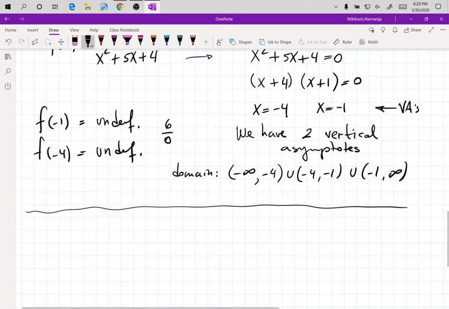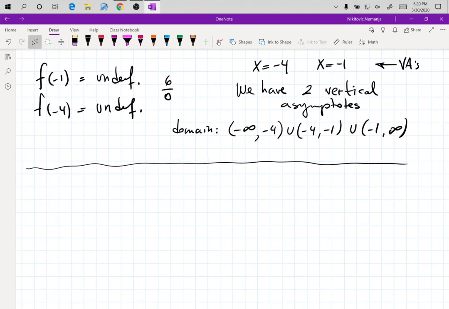Now you do have to be careful, though. If you are able to cancel a factor, then you do not have a vertical asymptote in that particular spot. That will be much better understood in calculus. Right now we just know we can cancel, and then we deal with a simpler problem.